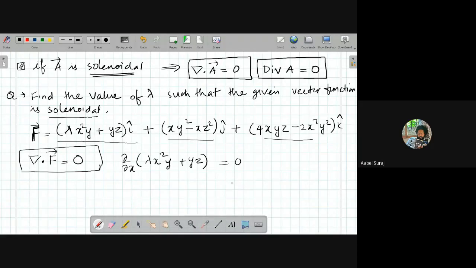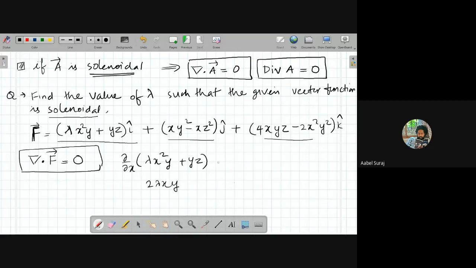So what will be the answer? It will be 2 lambda xy. Plus one more thing.